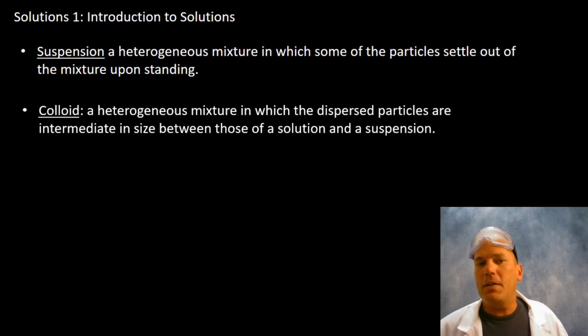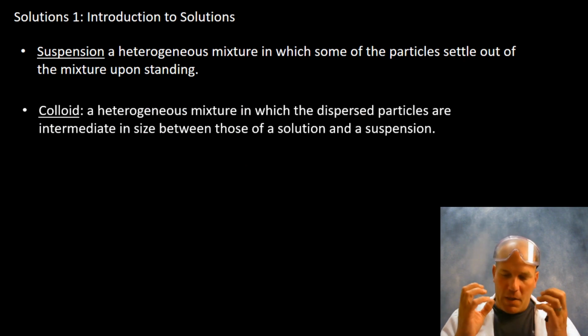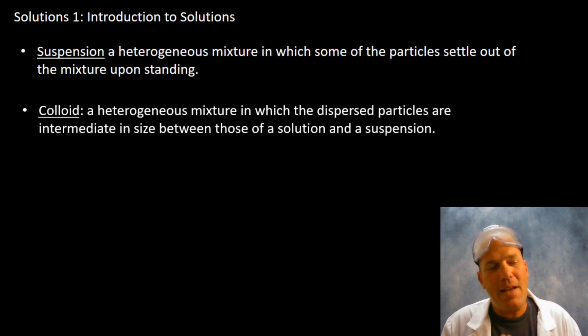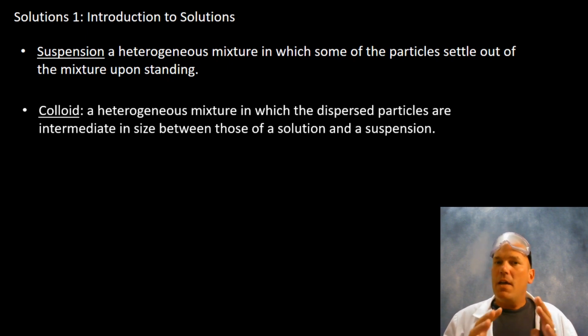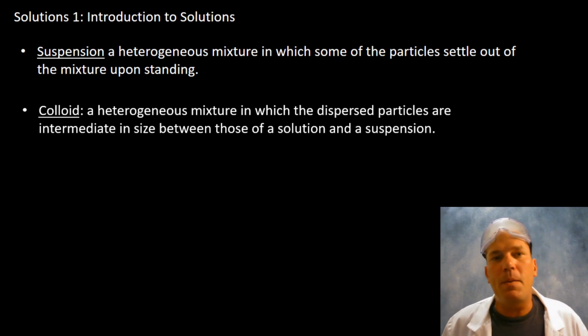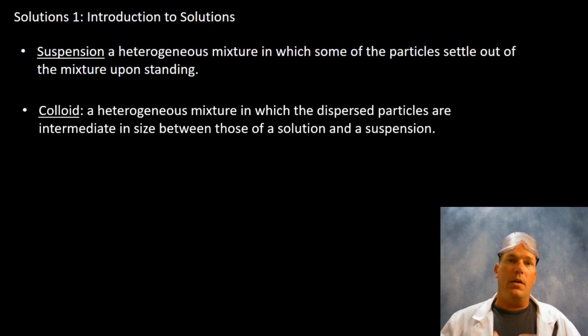A colloid, on the other hand, is a heterogeneous mixture, especially on the microscopic scale. Now, on the macroscopic scale, it may appear to be the same throughout. Milk is a colloid, okay? And it doesn't just have to be liquid states of matter. Fog is a colloid. Smoke is a colloid. So you've got liquid and air or gas, and then a gas and a gas.